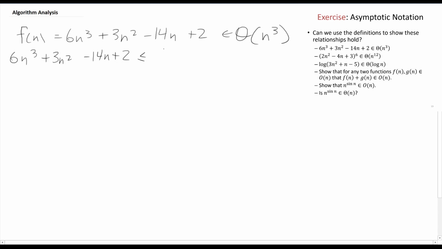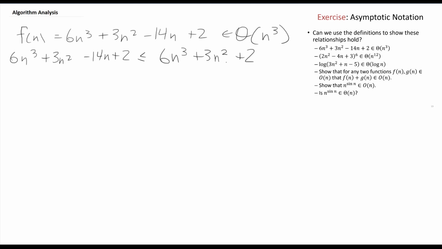So we're going to say that this is less than or equal to 6n cubed plus our 3n squared plus our 2, but we're going to leave out that minus 14n. Once again, that's just another approximation tool in our toolkit. And we want to build up a small collection of tools that we can use for approximating as we go. We're going to use them more and more often.